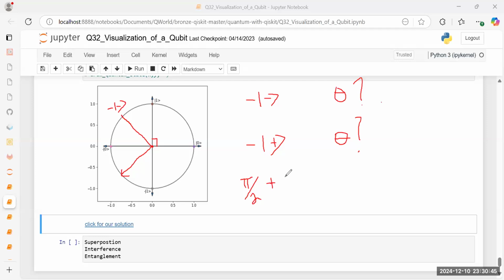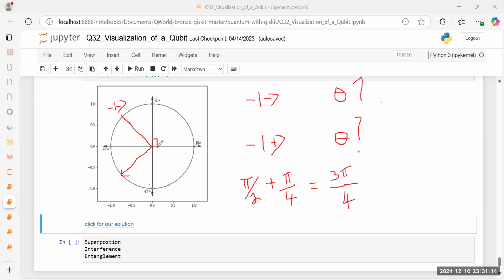So if we sum these, we're going to get 3 pi over 4. Okay, so this is correct. This is also the same as 135 degrees.